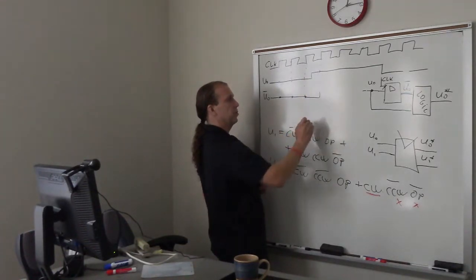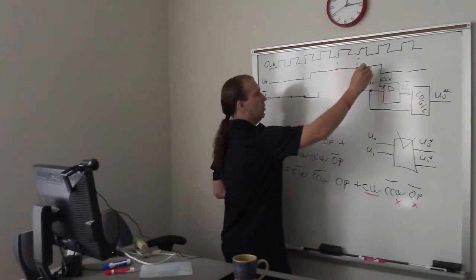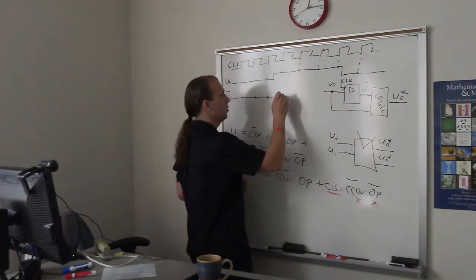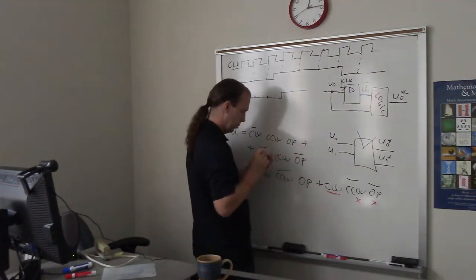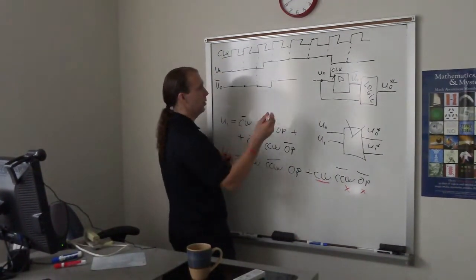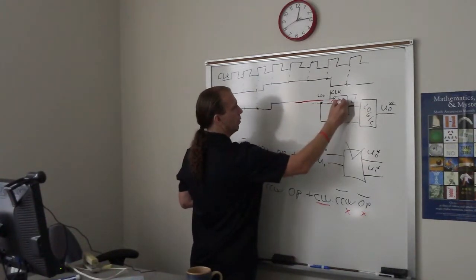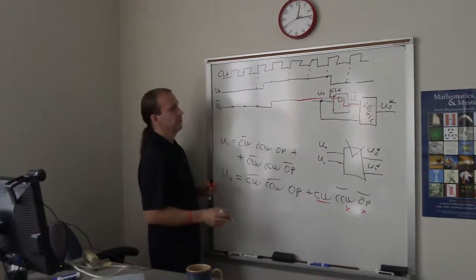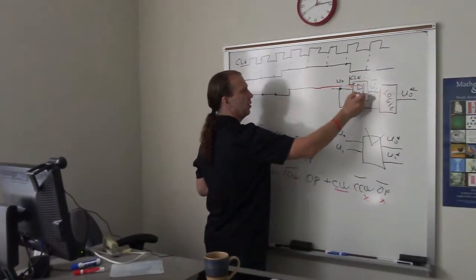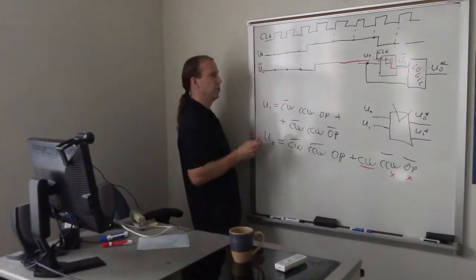So it will make the transition. And then it will continue reading it as 1, 1, 1, and again 0. I don't want to erase it, so I will just draw it above. So that will read it as 0, and a transition will be made. So that's our U0 star.